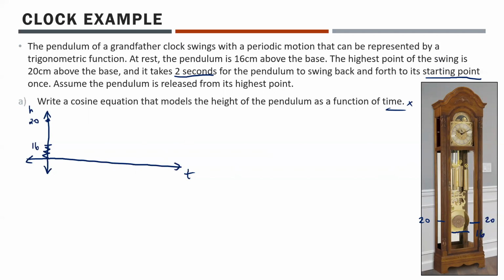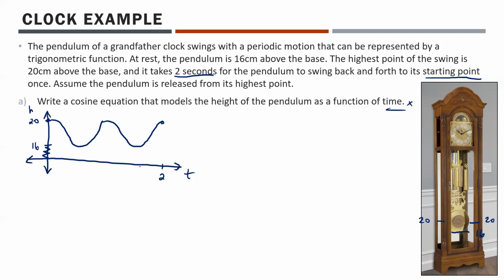It's actually going to be 2 periods, at least in terms of our sine wave, because we're going to look at it come down to its lowest point, back to the highest point on the other side of the clock, back to the lowest point in the center, and then back to the highest point. So this right here is actually your 2 seconds.